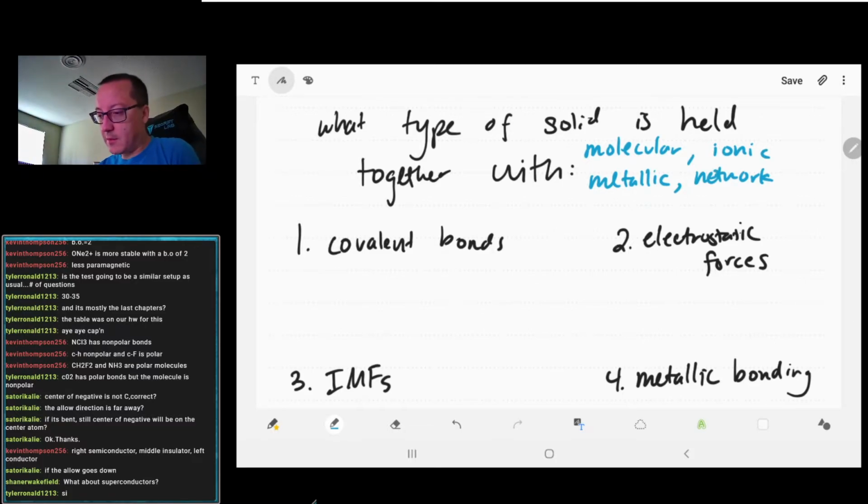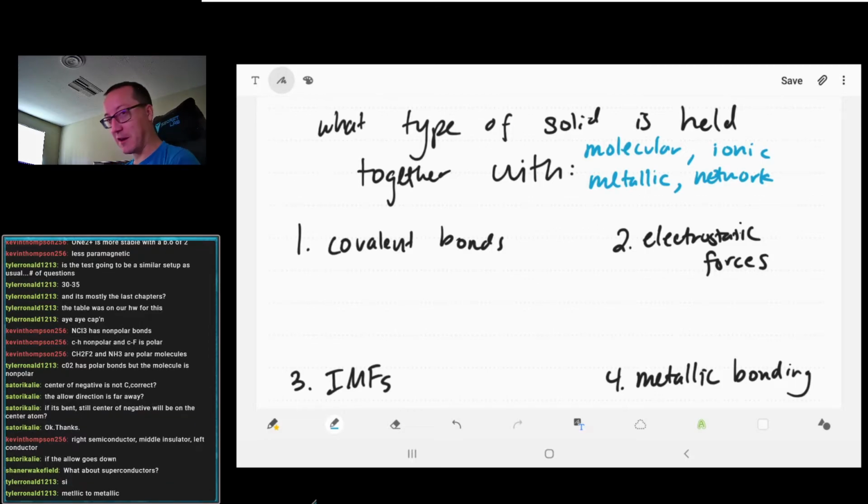Those are the 4 types of solids. So let's see if we can assign these to their proper categories. Perhaps one of these is super easy to identify. Let's see if we can assign one of them right away.